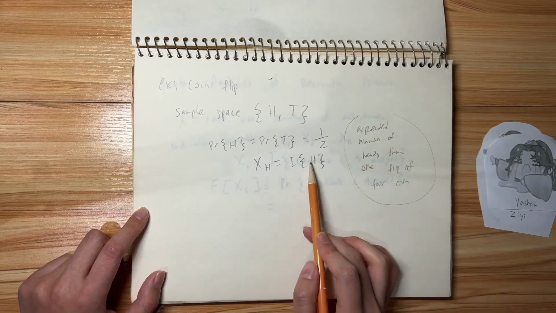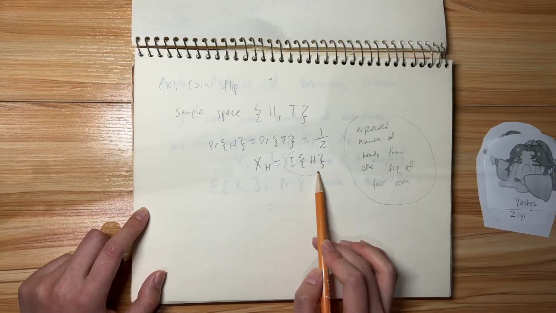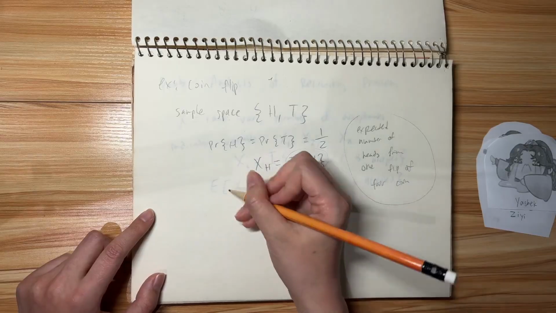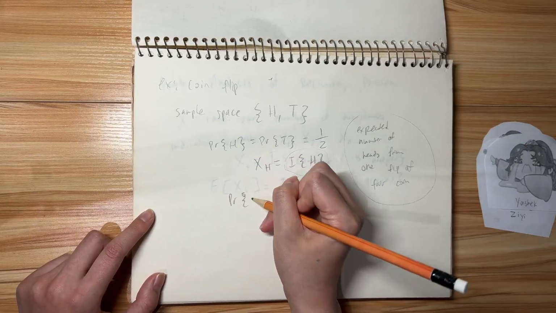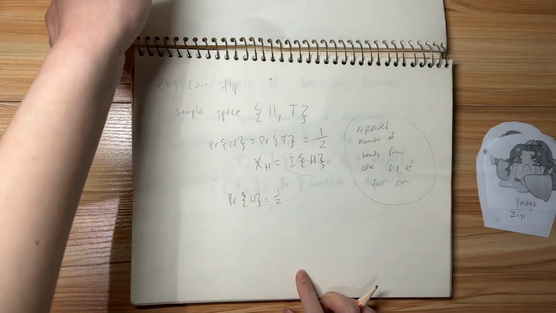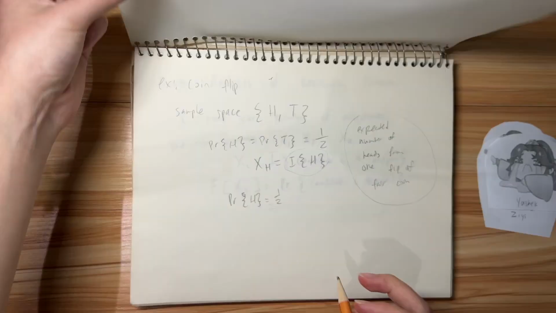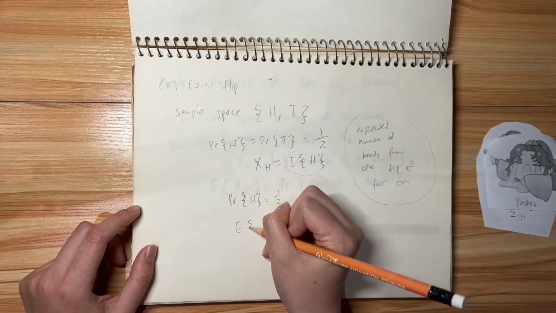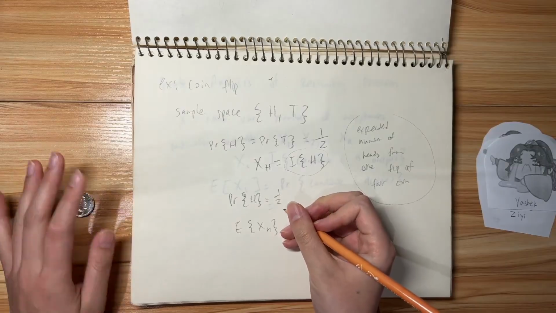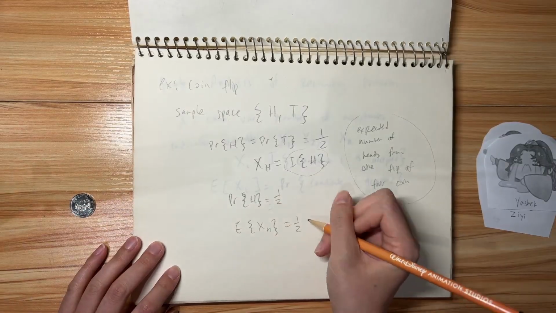That's why I put event H into the indicator random variable. So since Pr, which is the probability of heads, is 1/2, our lemma says the expected value of heads is equal to 1/2.